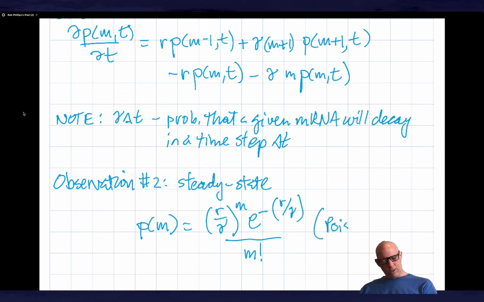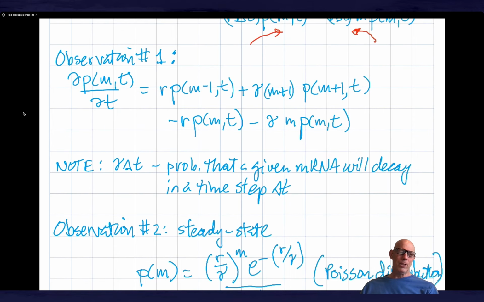This is the Poisson distribution. I'm not going to repeat the derivation because I already did this when we talked about the Poisson distribution in the context of probability distributions. So I invite you to go back over there to see. I didn't really say it was the master equation at the time.